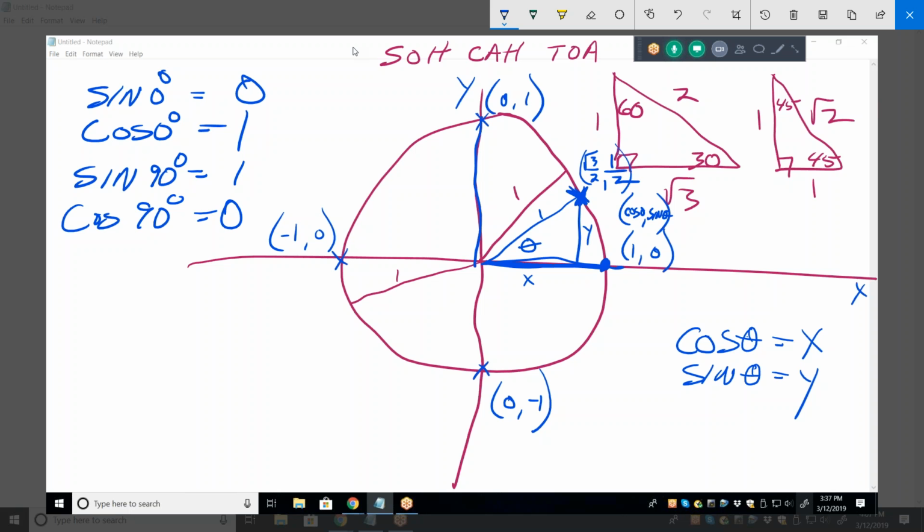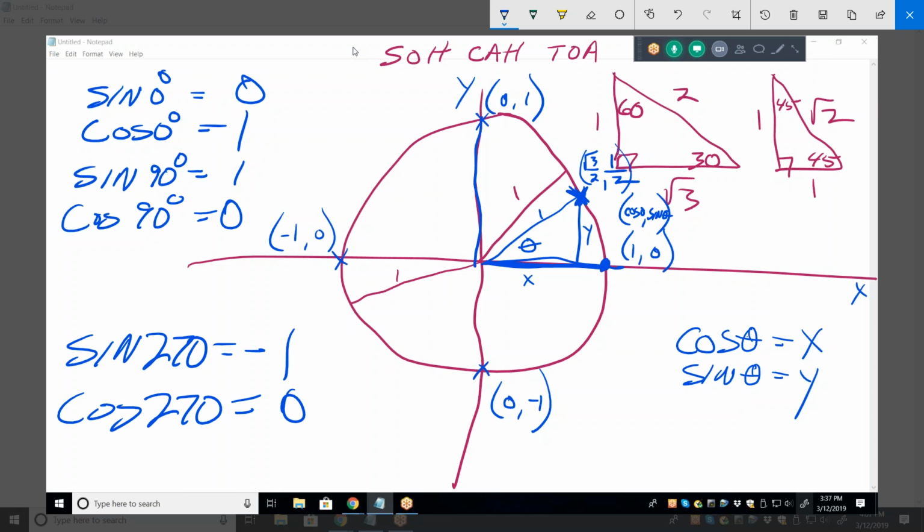In other words, what's the sine of 270? And cosine of 270. Okay, so just based on what I've drawn on the unit circle here, you know how to do your sine and cosine of all your quadrantal angles. Those are called quadrantal angles. Okay?